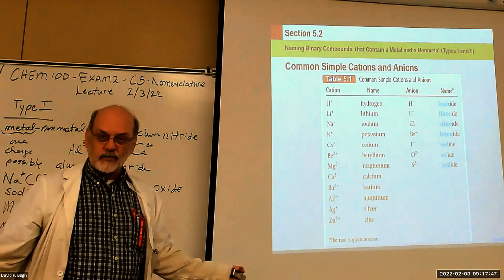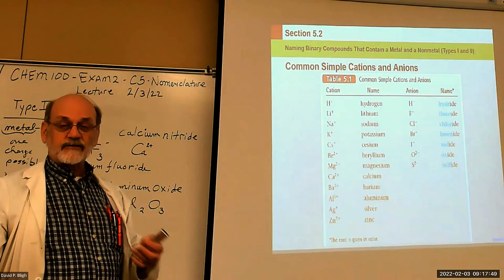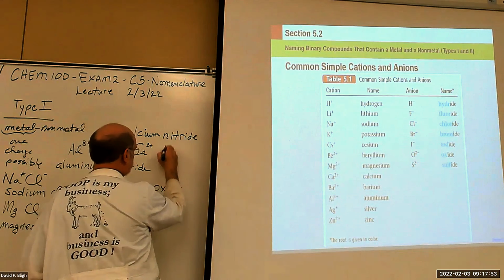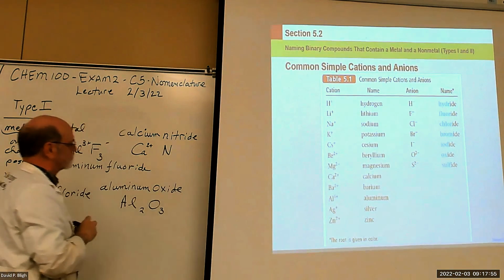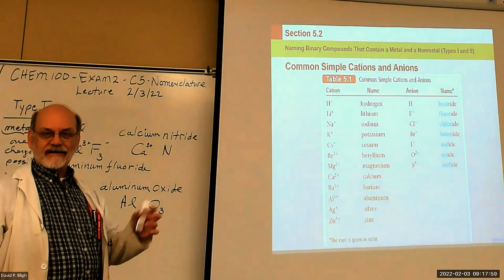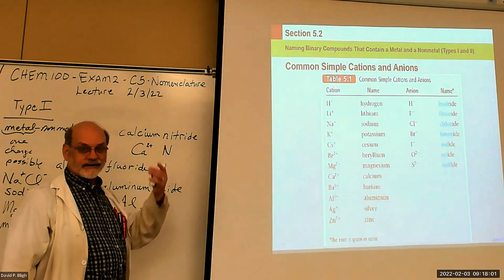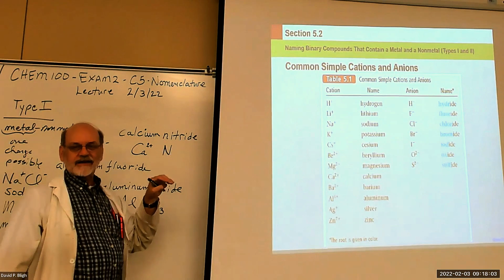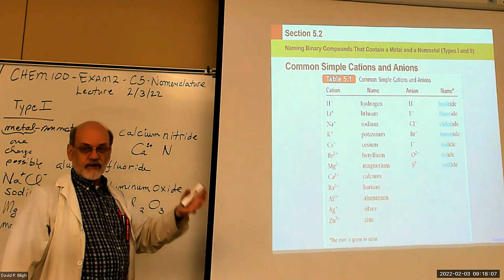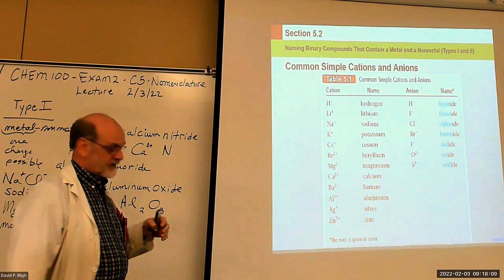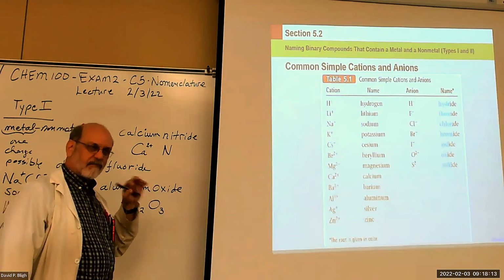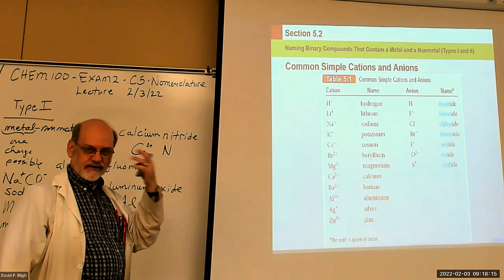What do you do with nitride? Where did it come from? Nitride comes from nitrogen. Notice we don't say nitrogide. It just doesn't sound right. So nitride is the IDE ending for this one, and we only use the first part of the name. So nitride is sort of this convention, but it's modified to be a little easier on the ear.